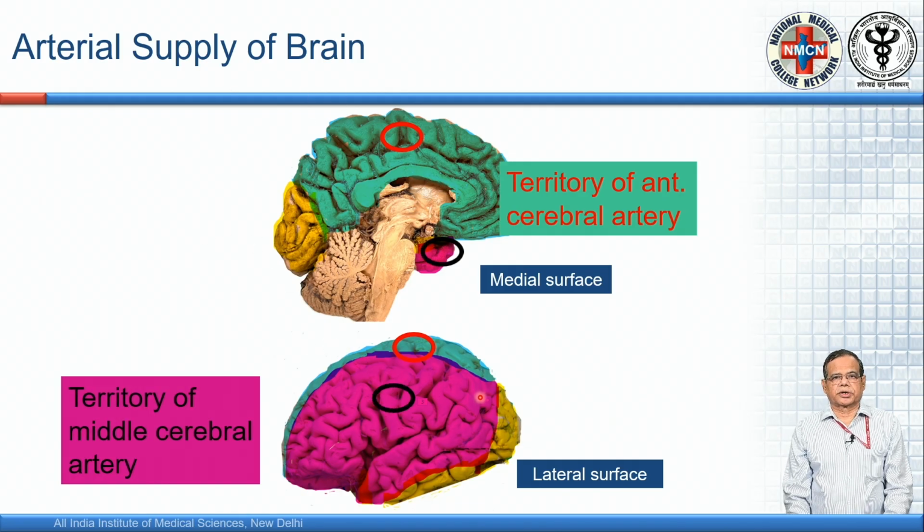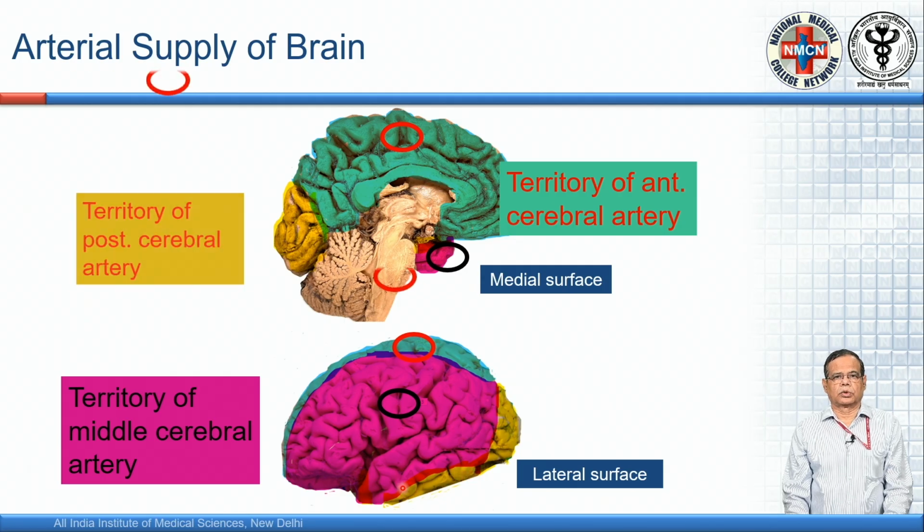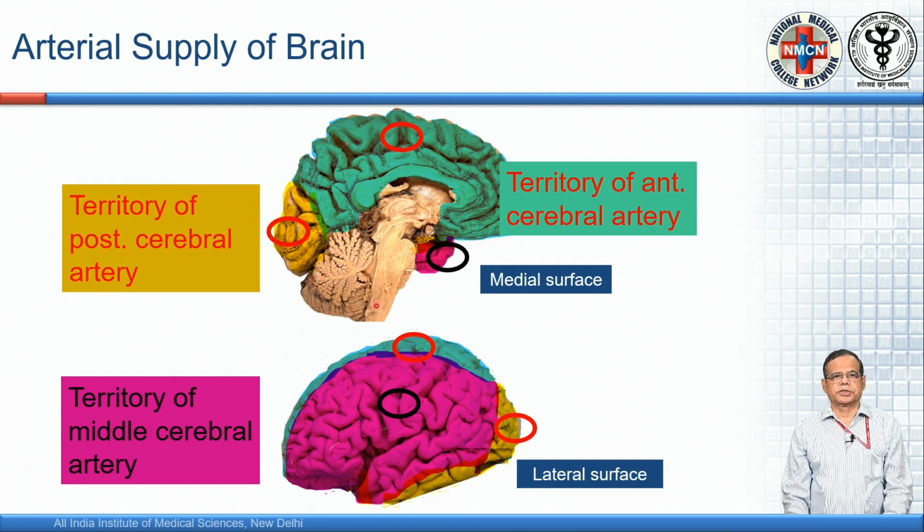The middle cerebral artery supplies most of the lateral surface of the brain excluding the upper border and the occipital pole and slightly towards the inferior surface of the temporal lobe. The posterior cerebral artery supplies the occipital lobe and also part of the inferior surface of the temporal lobe.